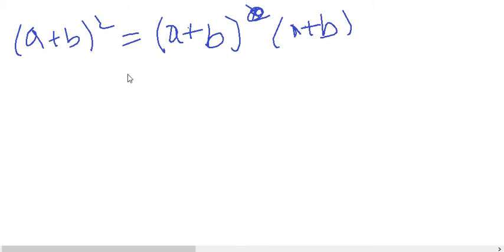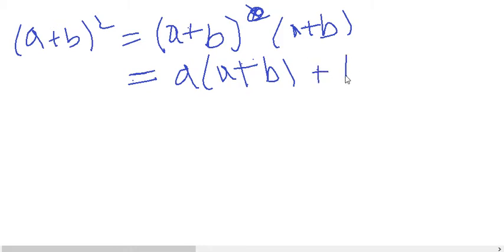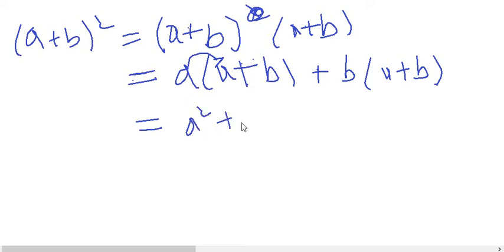So this is equal to a into a plus b plus b into a plus b. So this can be written as a square plus ab plus ba plus b square.